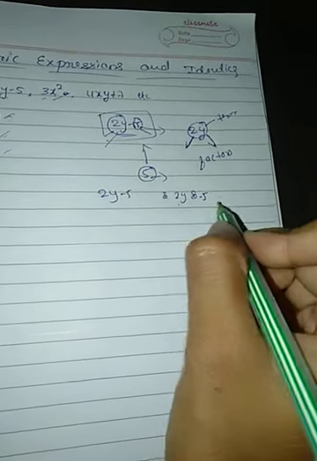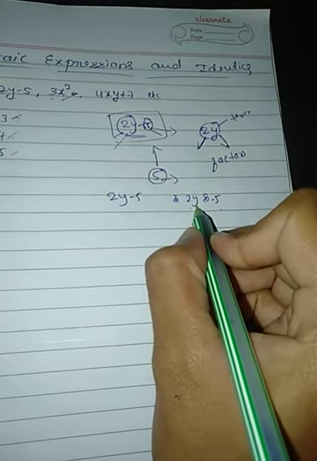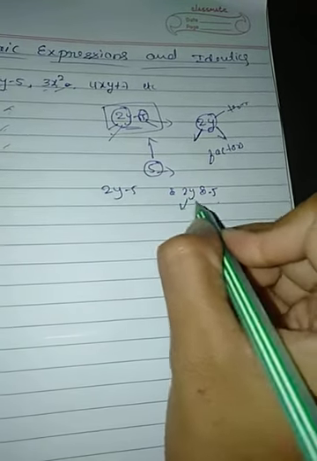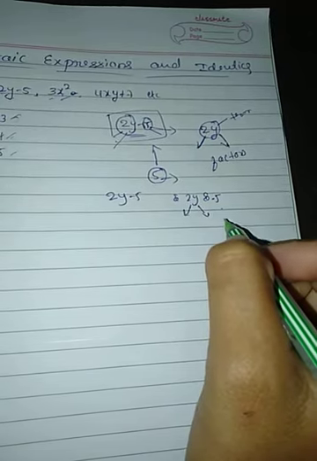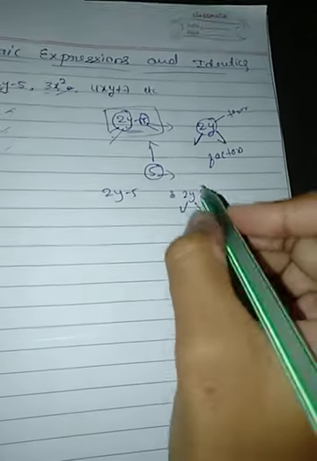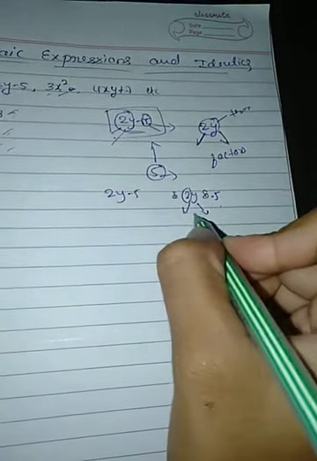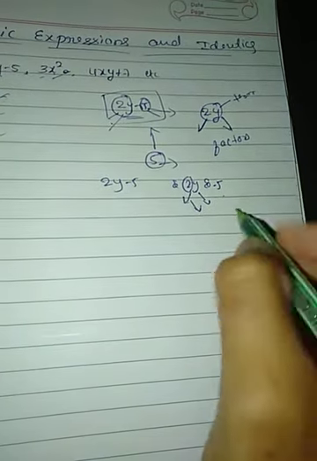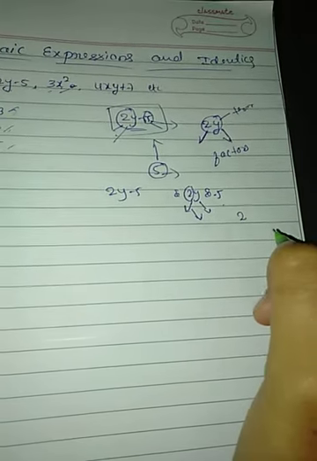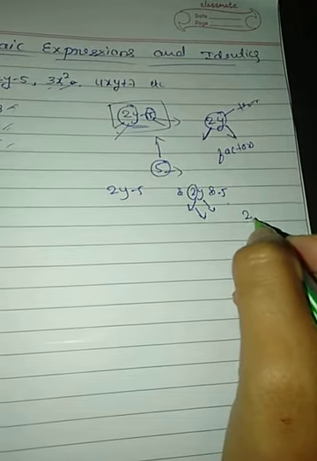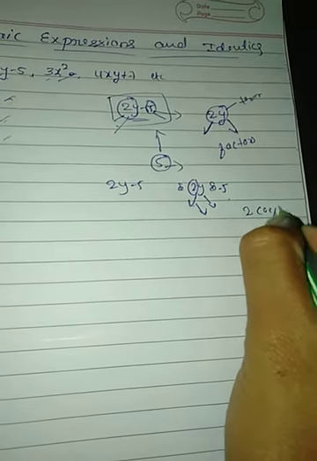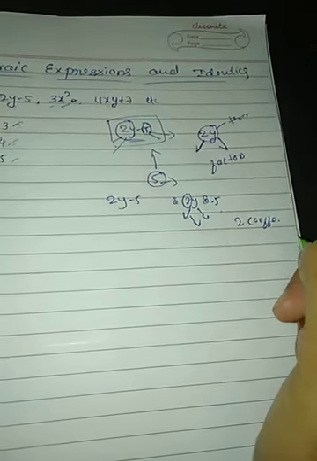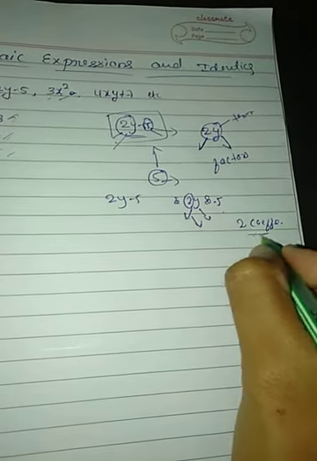The term 2y is a product of the factors 2 and y. Here the numerical factor of a term is called the coefficient. Here the numerical factor is 2. So 2 is called the coefficient.